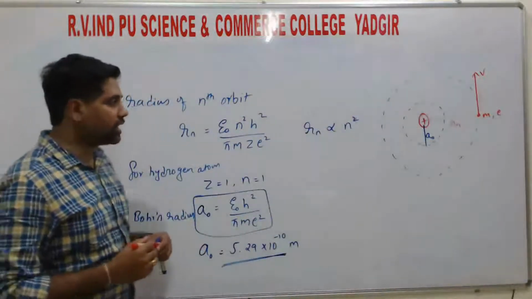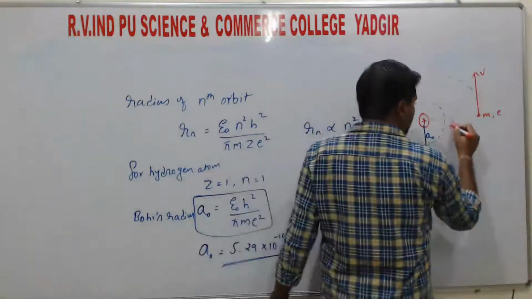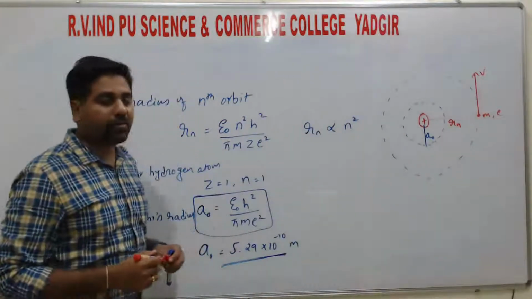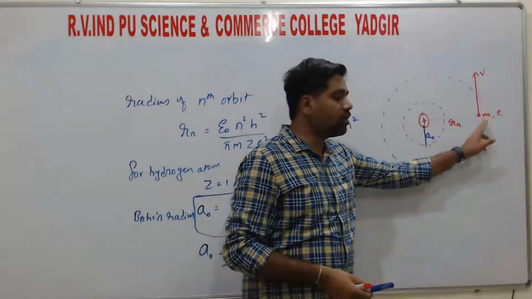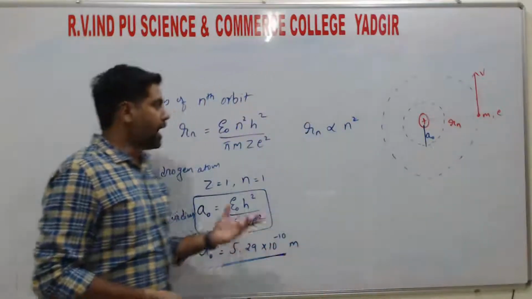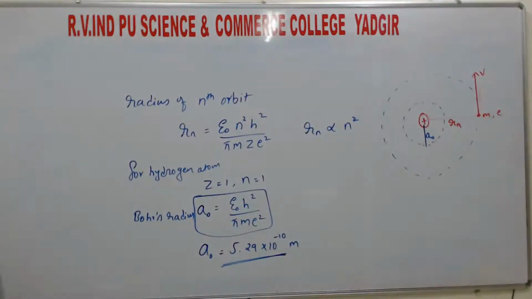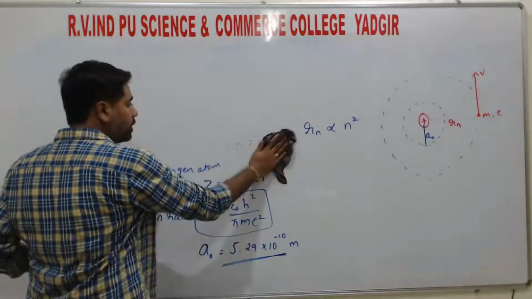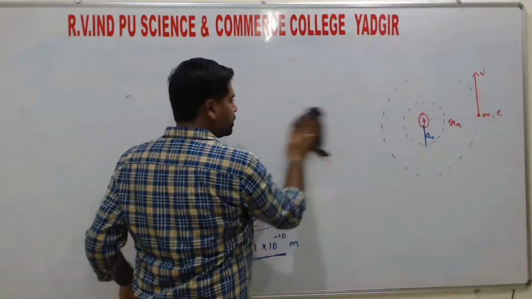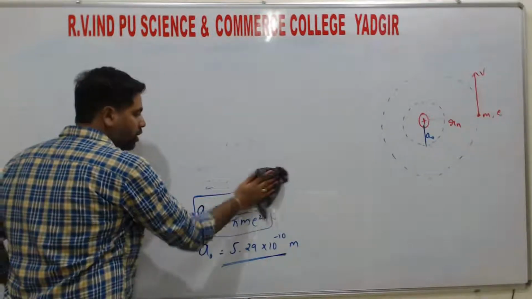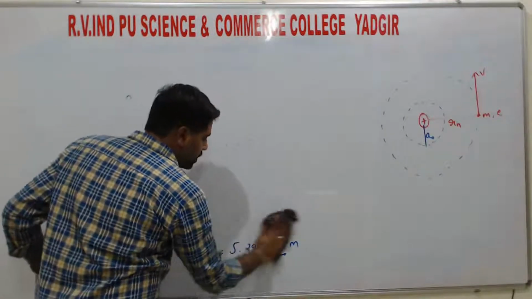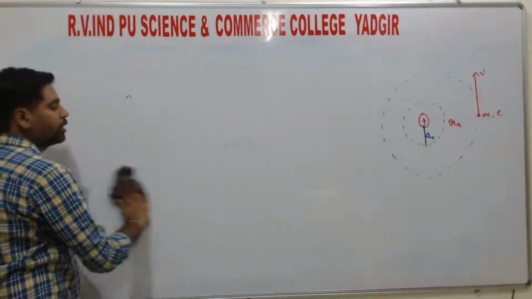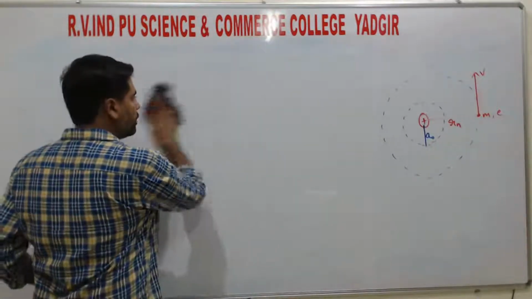So it is at a distance Rn. For the nth orbit, let us find the velocity of the electron. As already derived, by using the Bohr's postulate, the electron is revolving around the nucleus in a circular stable orbit and will not radiate any energy, right?